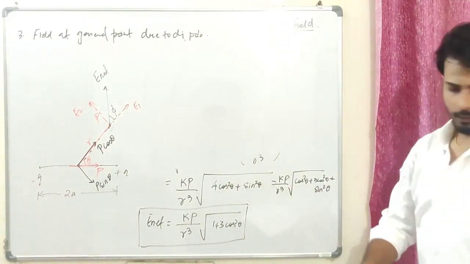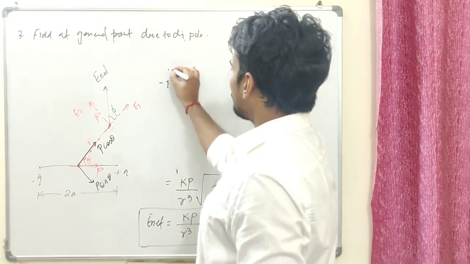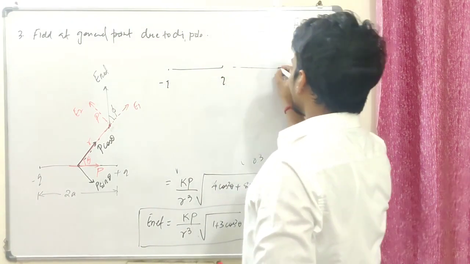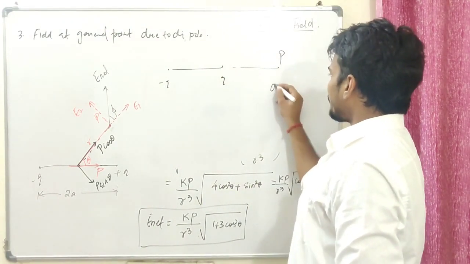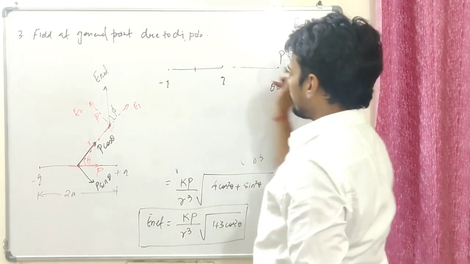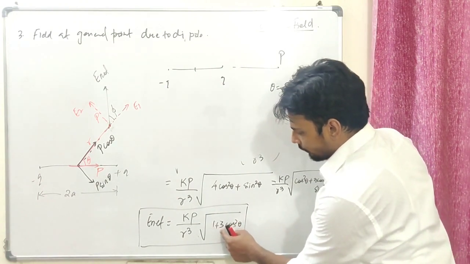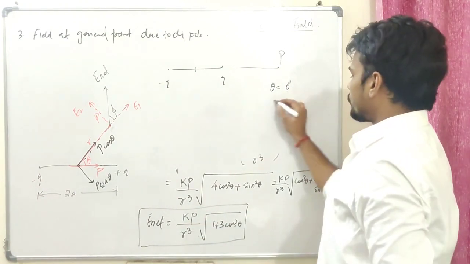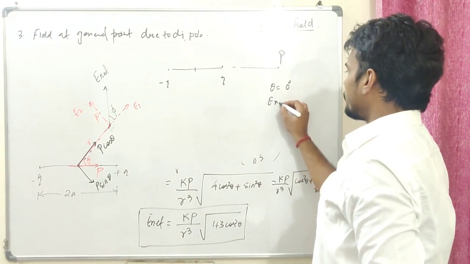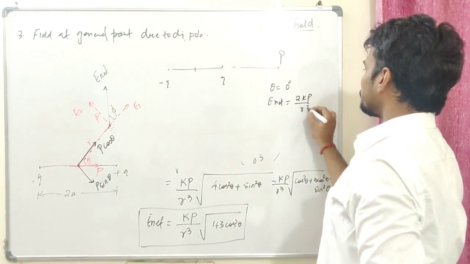Let's say with minus q and plus q, the point P is lying over here on the axis. What is the value of theta? 0 degree. Cos 0 is going to be 1, 1 plus 3 is 4, root 4 is 2. So what's going to be the value of E net? E net is going to be 2kp over r cube.